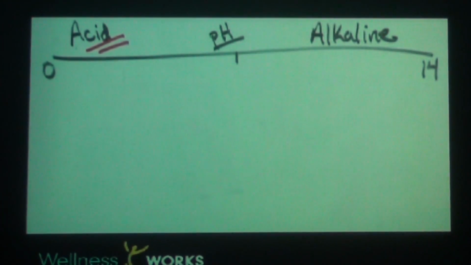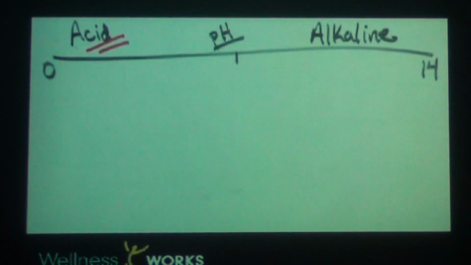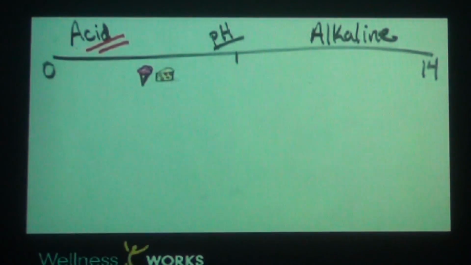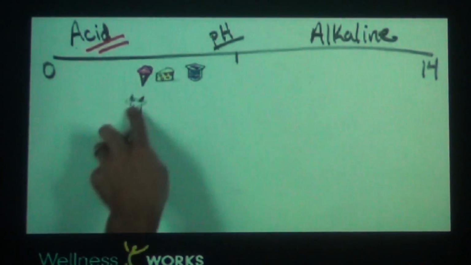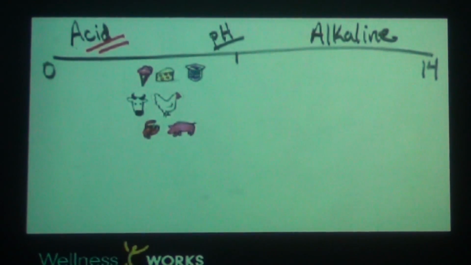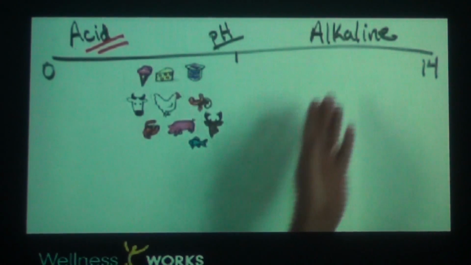Foods and beverages run the gamut of the pH scale. There are a few general rules. Animal products are for the most part acidic. Let's look at ice cream, cheese, yogurt, beef, lobster, chicken, pork, shellfish, venison, and fish. Vegetables and fruits are primarily alkaline.